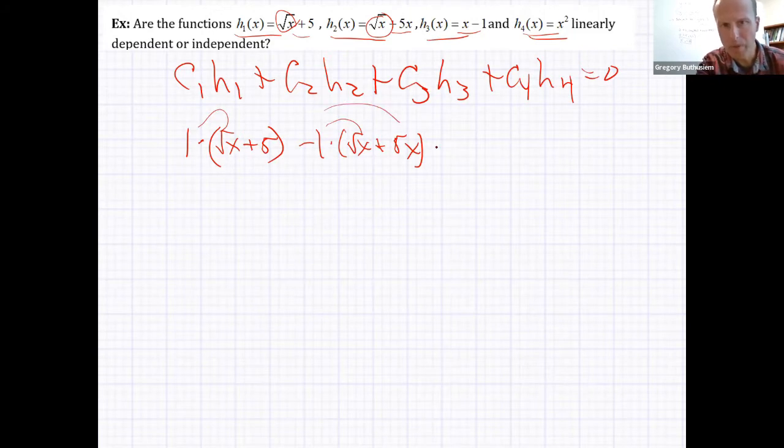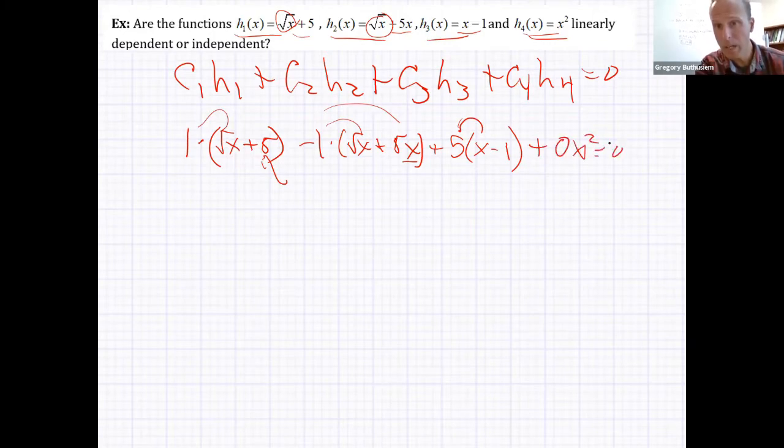Now we have to go a little further to get that one to work out. If I multiply this by 5, so that's C3 equals 5, this will be a 5x, and that -5x will cancel. This will be a -5, and the +5 over here will cancel. So now everything is zeroed out, and let's say C4 is 0 times x squared. And there we go.